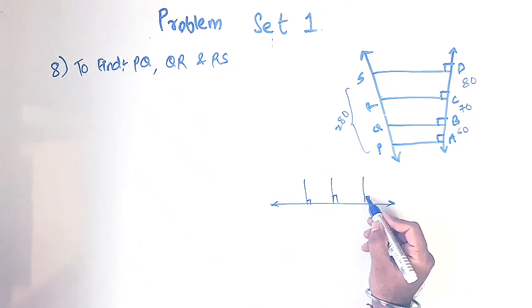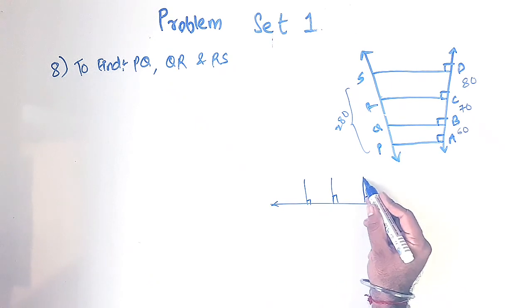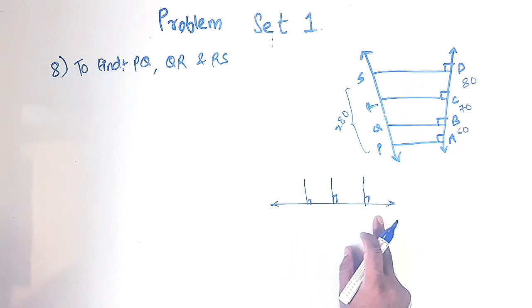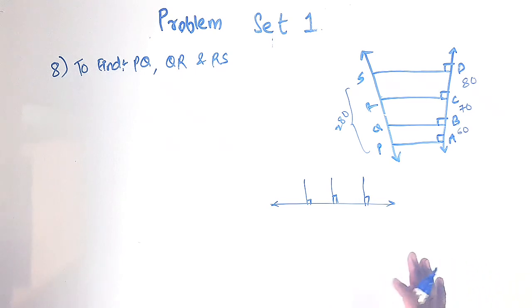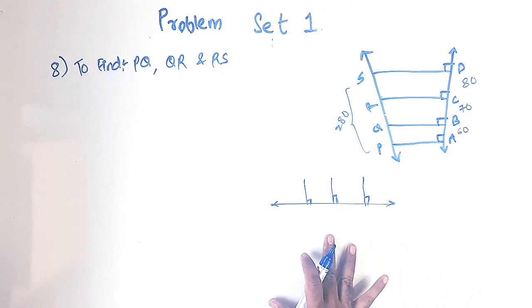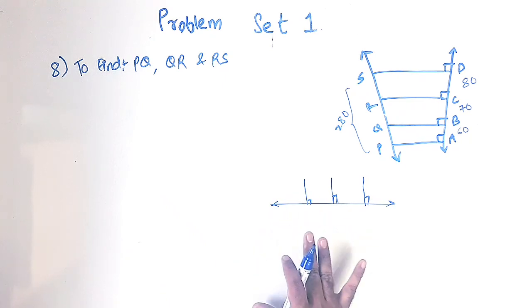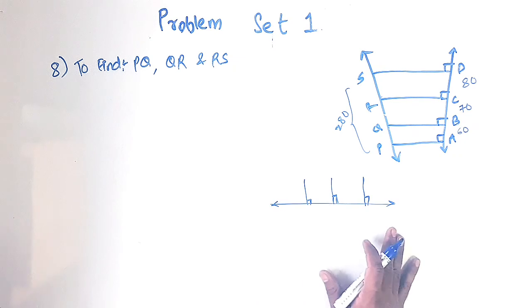How? You can say it by the interior angle test or the corresponding angles test. You can see these corresponding angles are congruent, therefore the lines are parallel. Anyhow you can prove it. I want you to remember that perpendiculars drawn on the same line are parallel to each other.